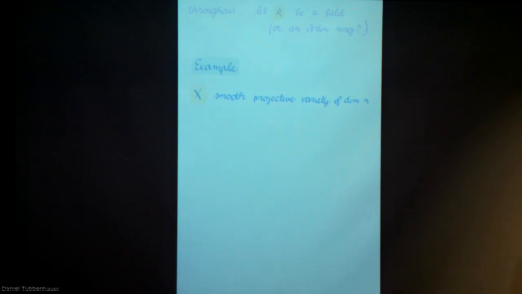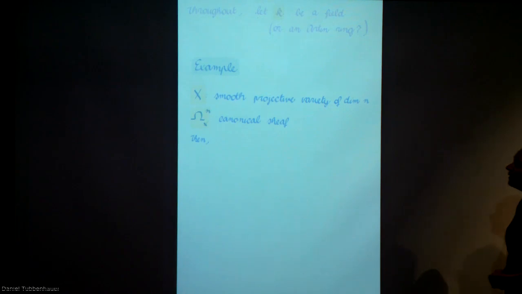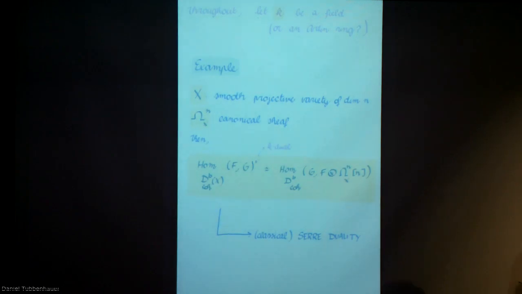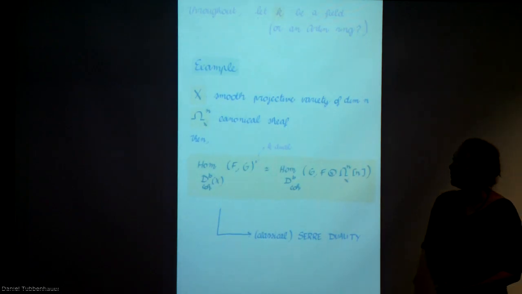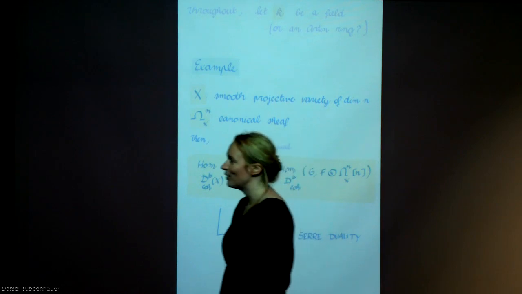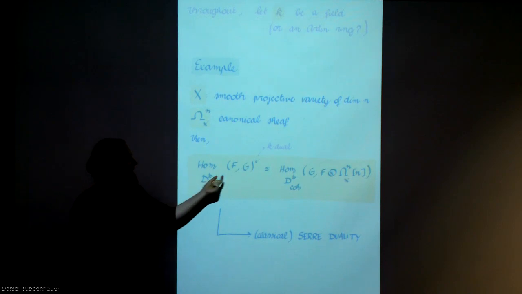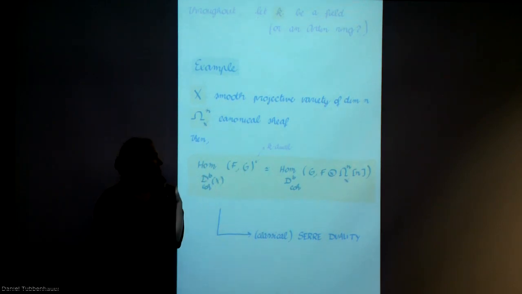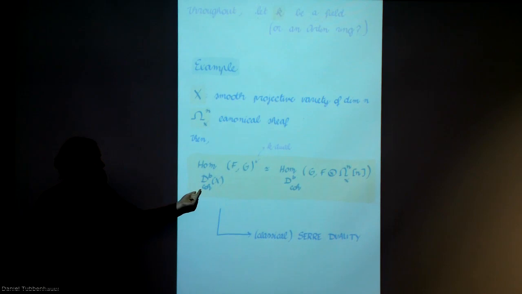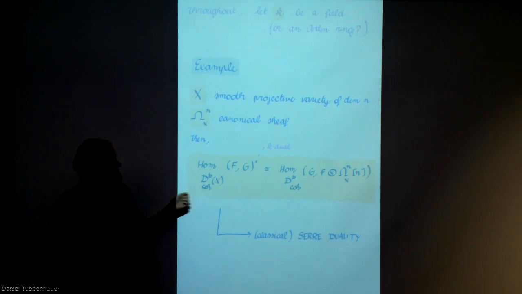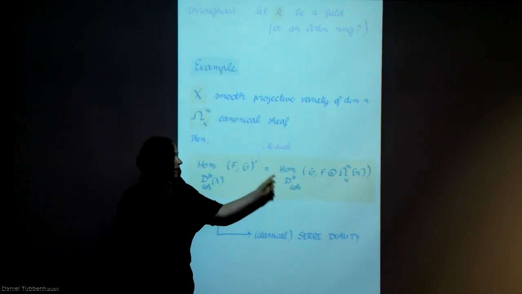Let X be a smooth projective variety of dimension n, and let's consider its canonical sheaf. Then probably at some point in your career, you've seen Serre duality, which is this statement. It says if you look at two objects F and G in the derived category, then their Hom spaces, in other words their extensions, will satisfy this property.